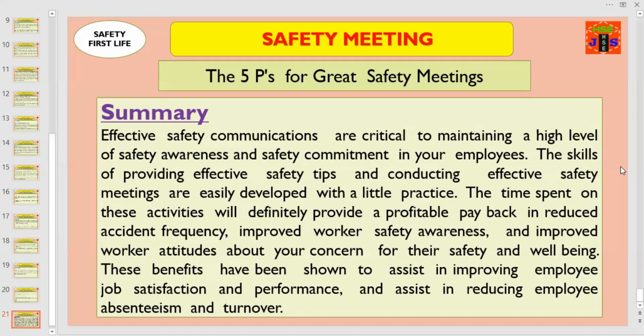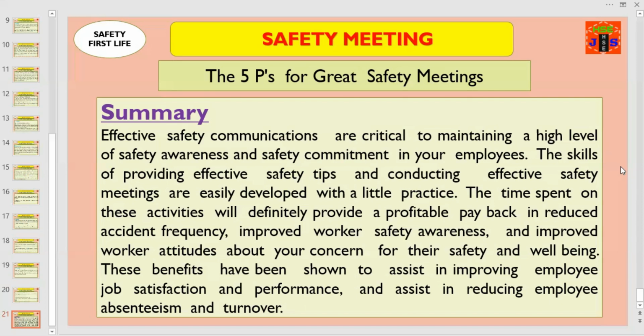The time spent on these activities will definitely provide a profitable payback in reduced accident frequency, improved work safety awareness, and improved workers' attitude about your concern for their safety and well-being. These benefits will assist in improving employee job satisfaction and performance and assist in reducing employee absenteeism and turnover.